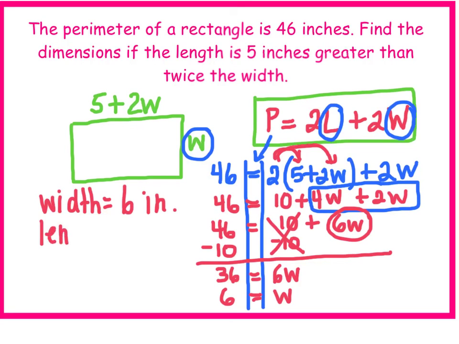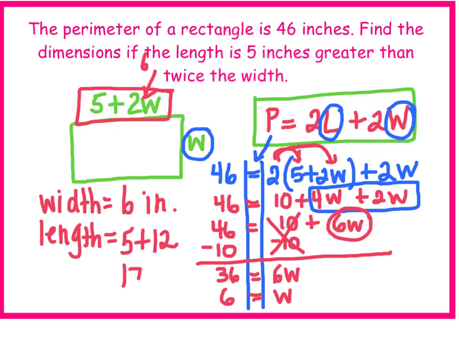Now, the only thing I don't know is the length, but I do know that the length is 5 plus 2w. So I already know the width is 6. So if I substitute in 6 for w, I get 5 plus 2 times 6, which is 5 plus 12, which is 17 inches. Nice job.